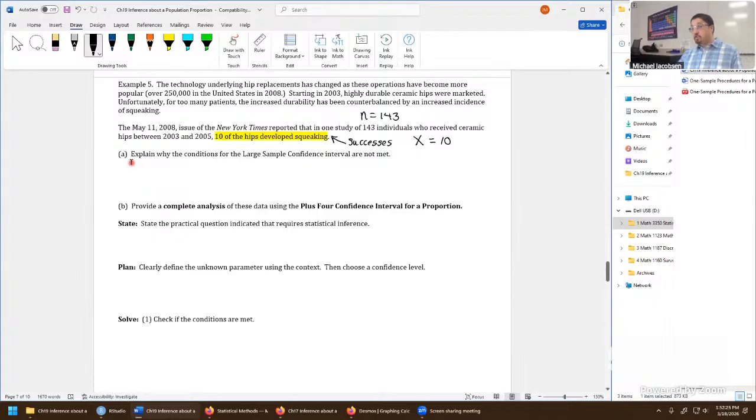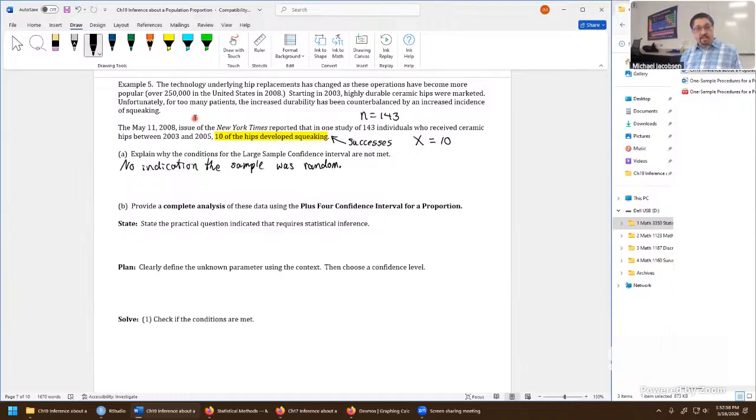And part A asks us directly to explain why the conditions for the large sample confidence interval are not met. There's a lot of ways to answer this, and one way you could say is there's no indication of a random sample. That is important, so let's mention it here. No indication the sample was random.